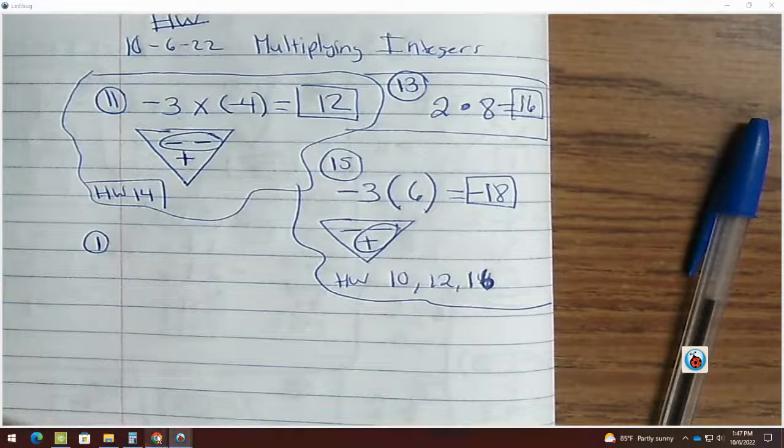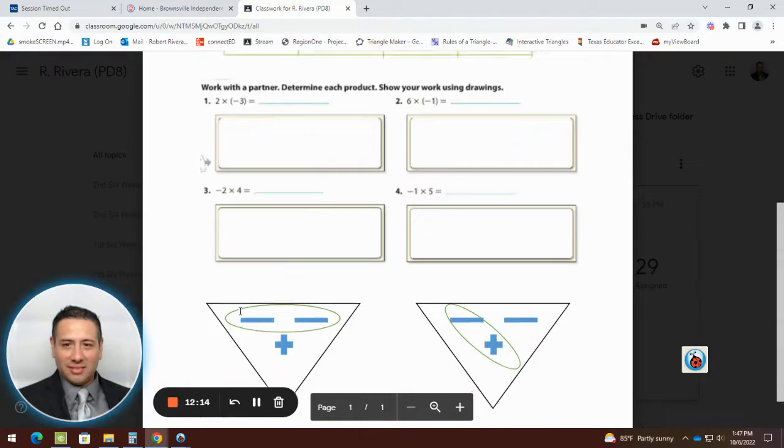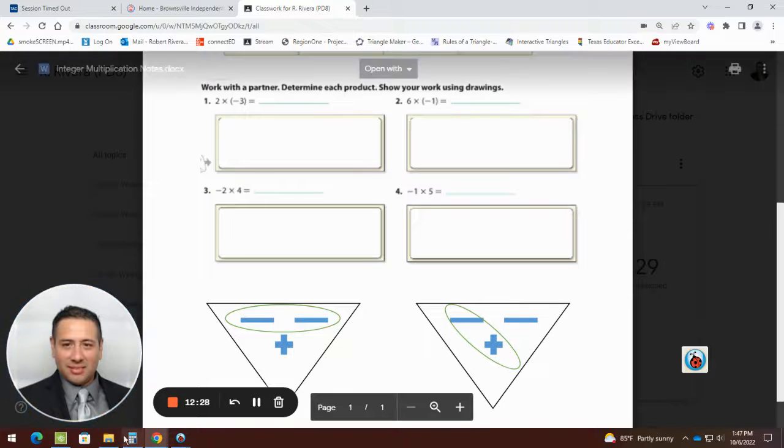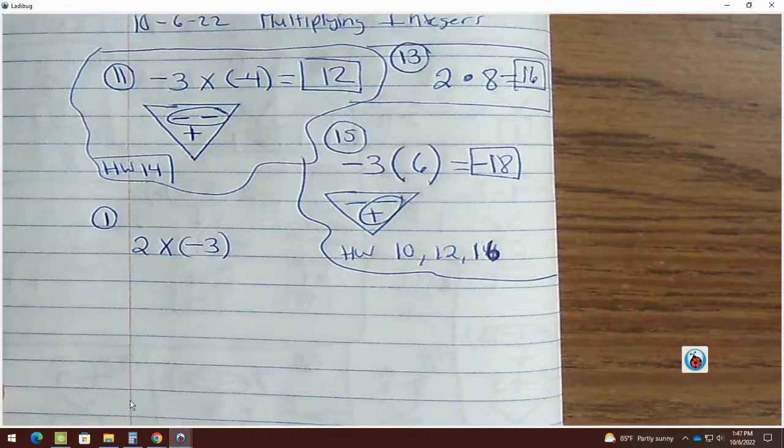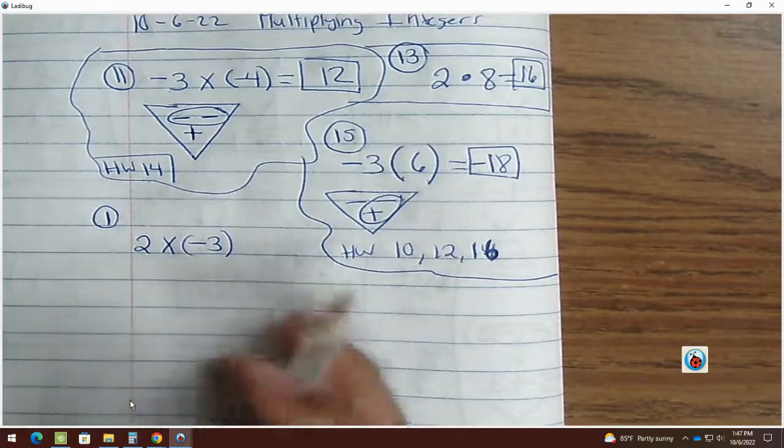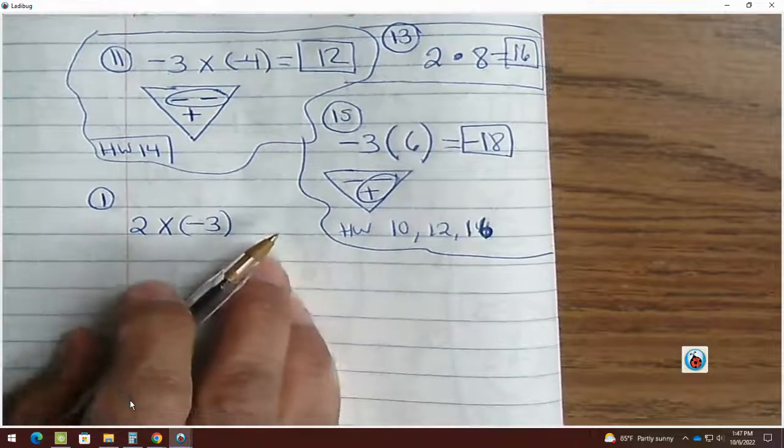Number 1, because we're over here now. Number 1, 2 times negative 3. I put the X back just so you can see that it's times.